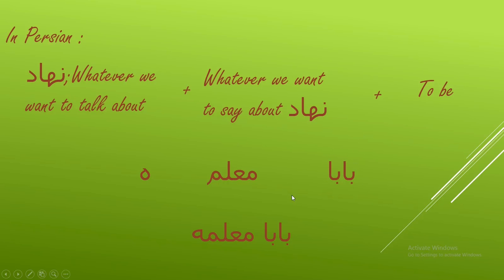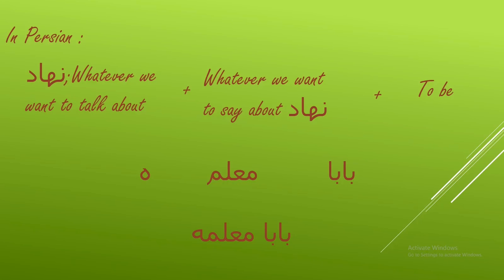And after that we use whatever we want to say about nahad. What we want to say about father here? We want to say he is teacher. So we add teacher here.